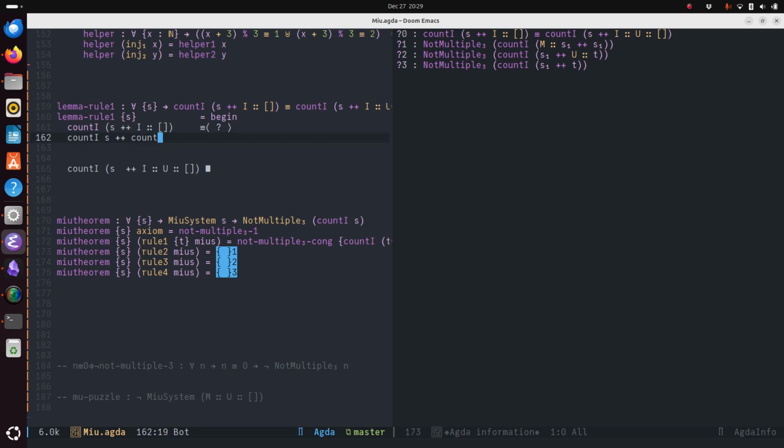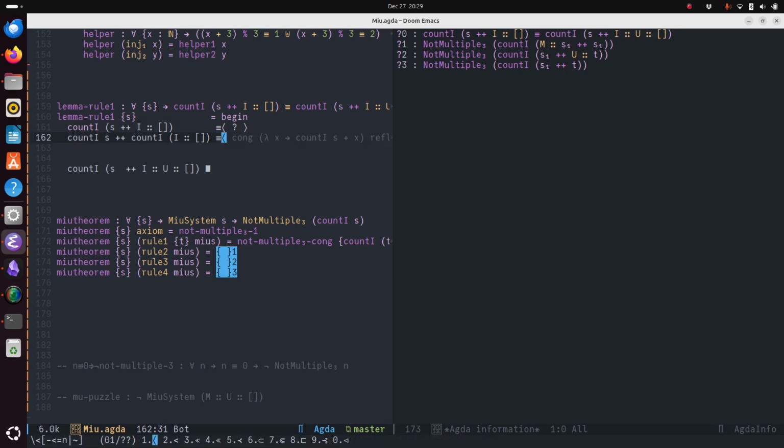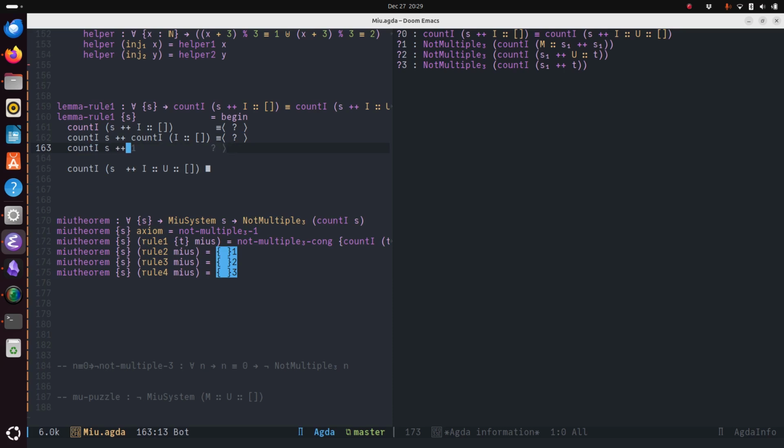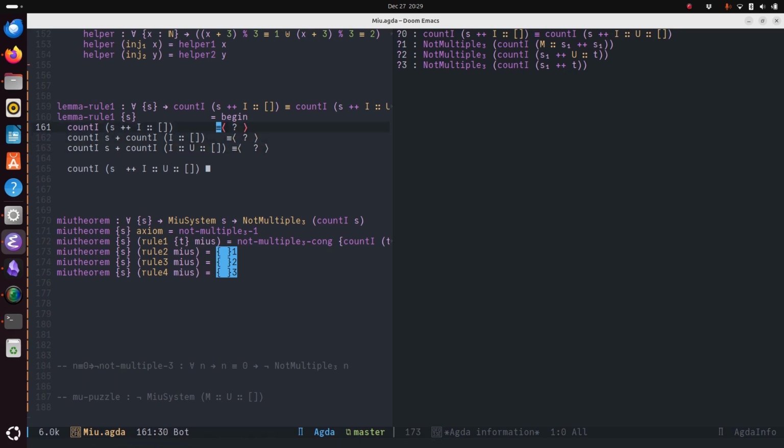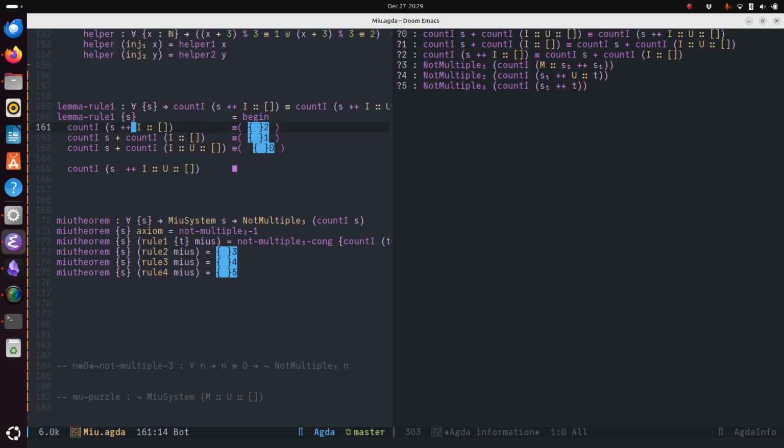Count I of s plus count I of I, which is equivalent to count I of s plus plus count I of I. So what we are saying is count I of s I is equal to count I of s plus count I of the string containing just I, which is equivalent to count I of s plus count I of IU, which is equivalent to this.